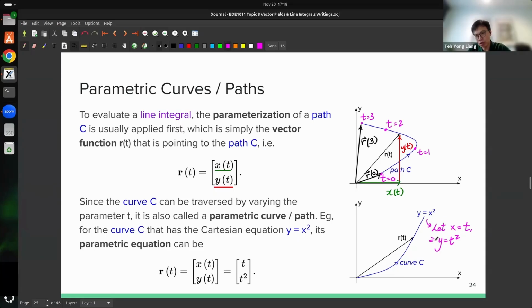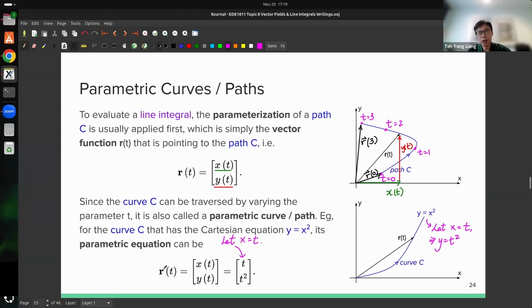That means y equals t squared must represent this curve. So you can see t squared. How come you got t here? You just let x equal t. So this is called parameterization.